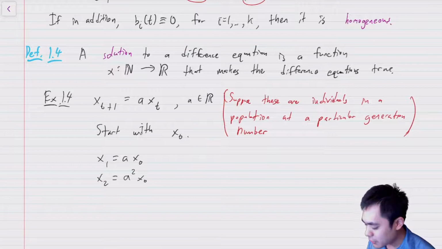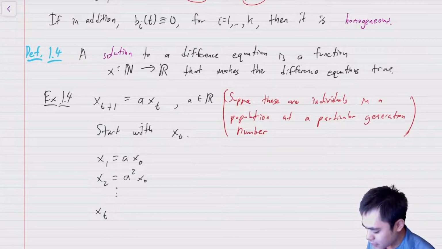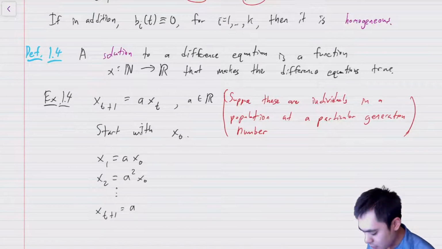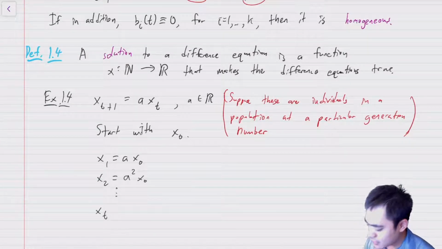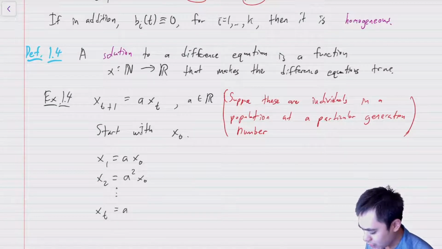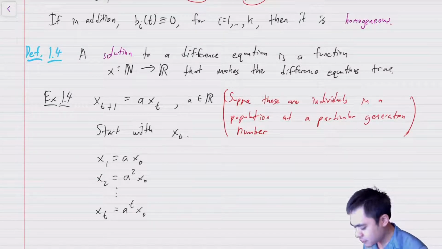This is actually fairly easy to solve, and we end up with x sub t plus 1 is equal to a to the t plus 1 times x naught, or actually it's slightly nicer if you just write x sub t is equal to a to the t x naught.